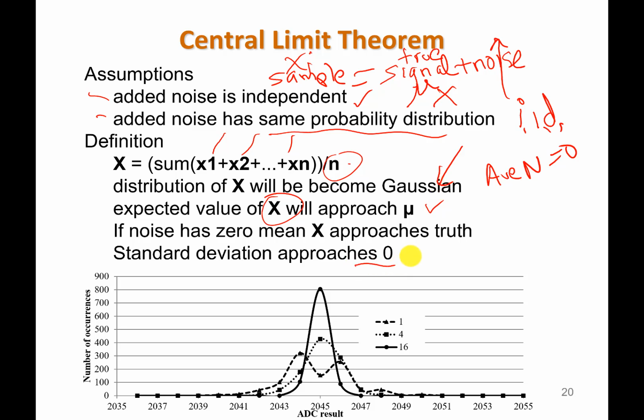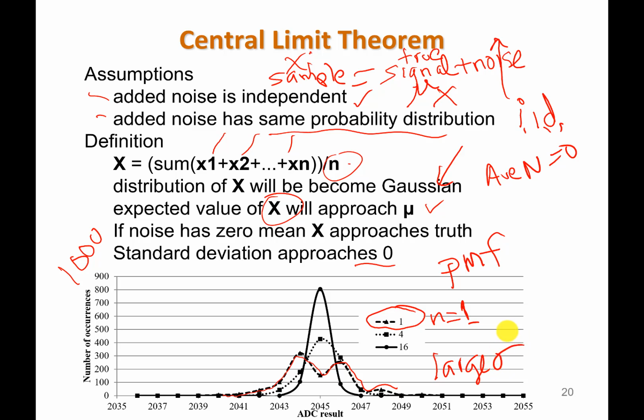Here's an experimental example of this. If we take a single sample here, n equals 1, that's the big dots, and this is a constant input to the A to D converter, and I do it 1,000 times. I take 1,000 samples and produce a probability mass function of that data. You'll see that this distribution has 2 humps, and a very large standard deviation.